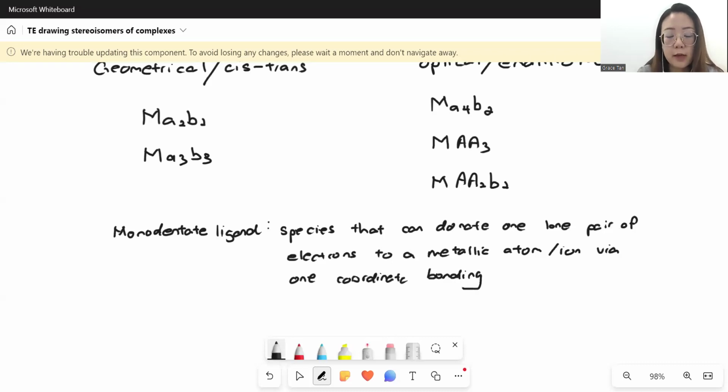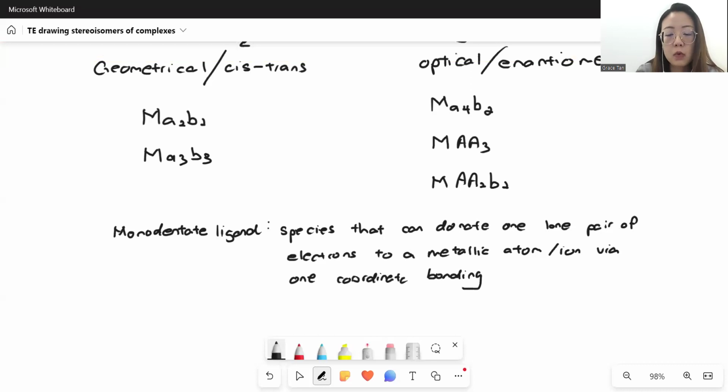Okay, that is monodentate. So what you want to focus on here is mono means one lone pair, one coordinate bond.